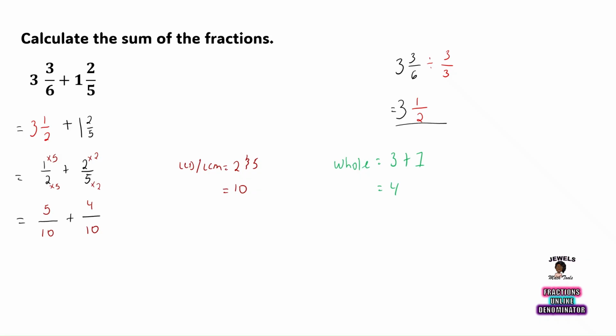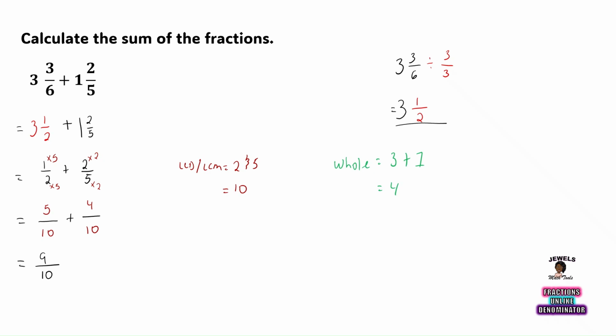And when we add 5 plus 4 in our numerators, remember we add the numerators, which are our top numbers, and we keep the denominator of 10 exactly the same. So I'm adding 5 plus 4, which will equal 9, and my solution when I sum my fractions would be 9/10.